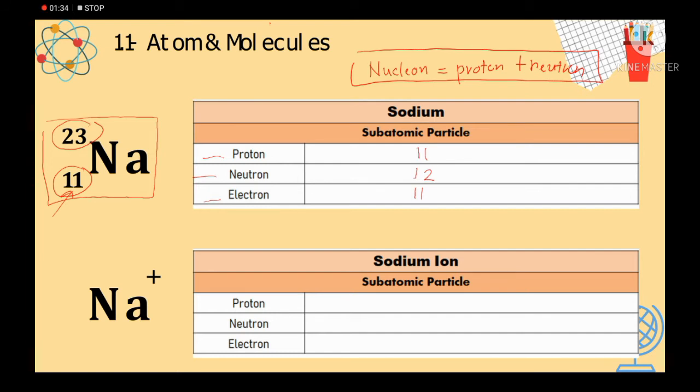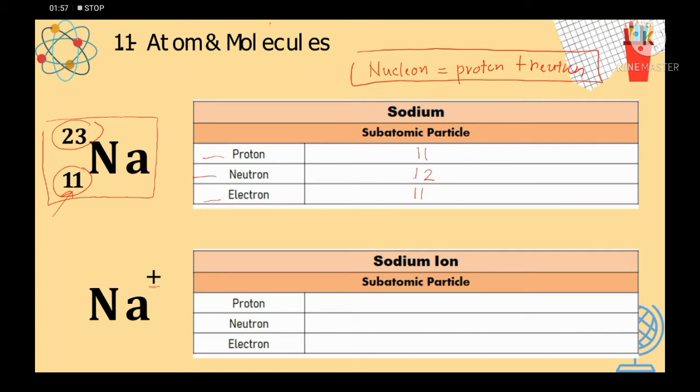But sometimes they can give you the subatomic particles and ask you to write the isotopic notation. It can be vice versa. Look at the second example. Now I give you the ion of Na, the cation of Na. Why do I call it cation? Because it is positively charged.